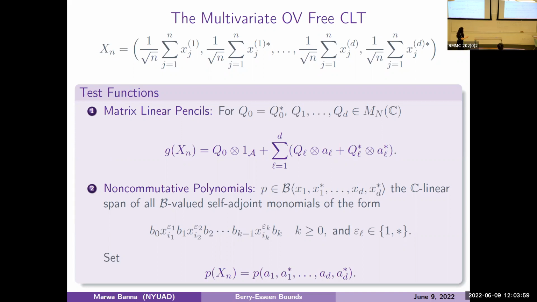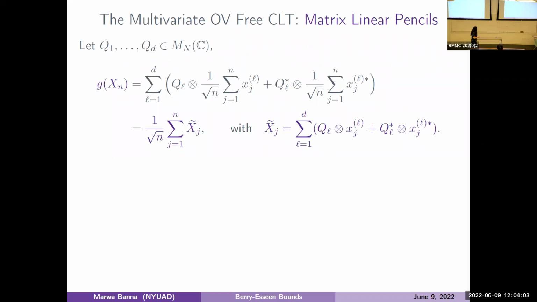So let's consider the first case, starting with the matrix linear pencils. We consider G of Xn, written in this way. We would like to collect all the correlated elements together in a new element X tilde j. So these Xjl, if we sum from l equal 1 to d, are correlated.